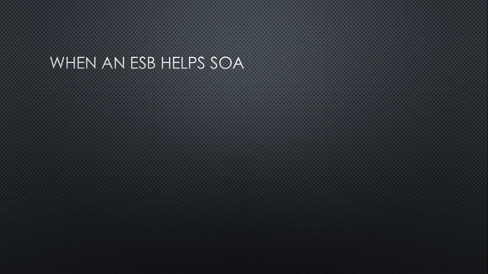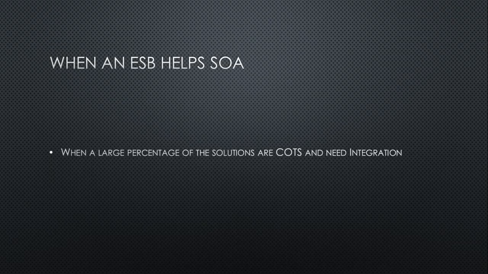So, an ESB helps your SOA when you have a large percentage of solutions that are commercial off-the-shelf software or legacy systems that you need to integrate, and those are going to be something you don't want to change internally. So you need something that will adapt their APIs and allow you to interoperate with them.